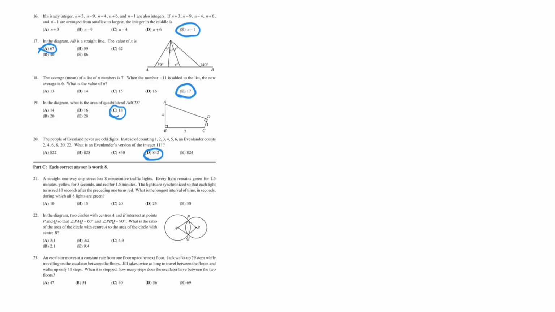One-way city street has 8 consecutive traffic lights, numbered 1, 2, 3, 4, 5, 6, 7, 8.